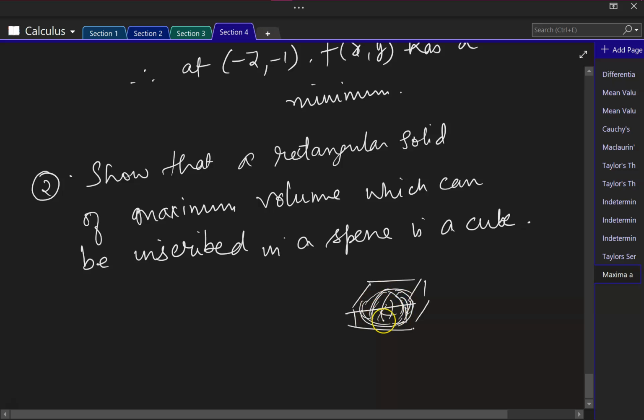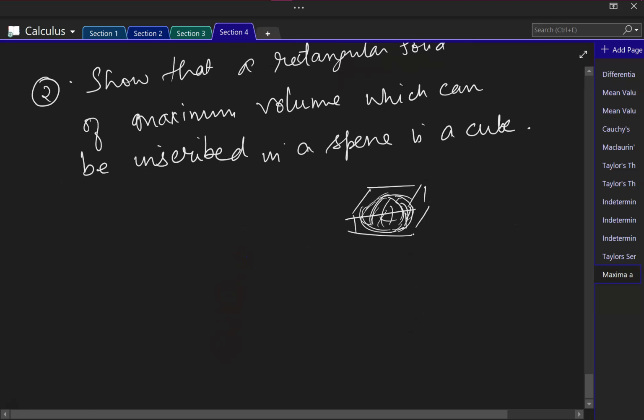What we have to see is that the volume is going to be highest only if this rectangular solid is a cube. That means all the sides are equal. That is what we have to show.